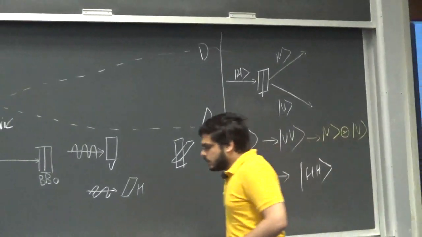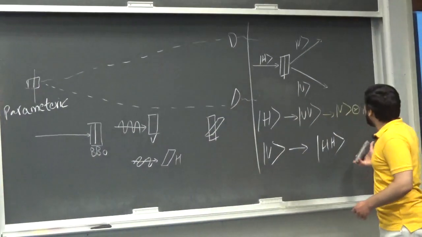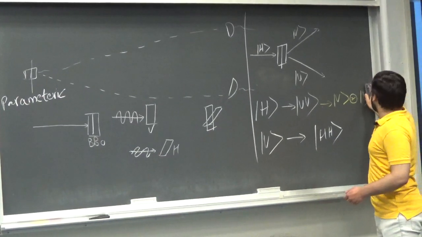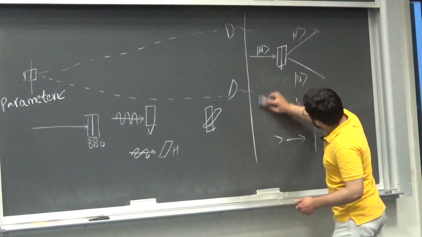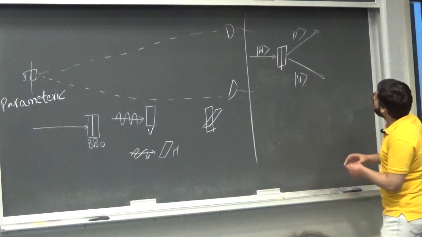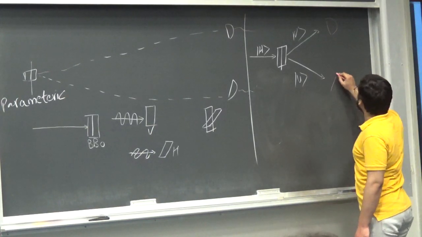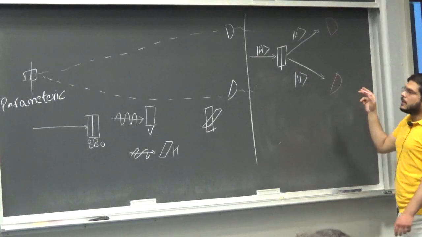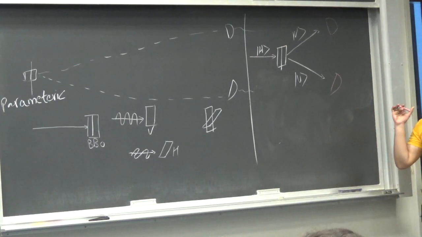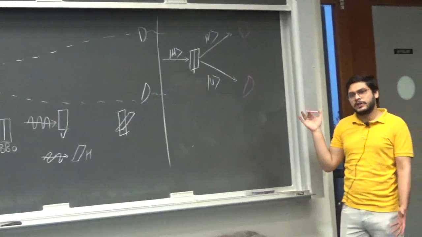For that, whenever I detect a photon on one of these channels, I'll start a timer of around 20 nanoseconds.